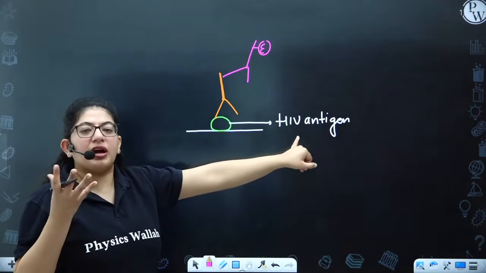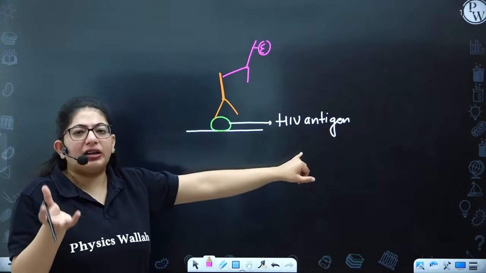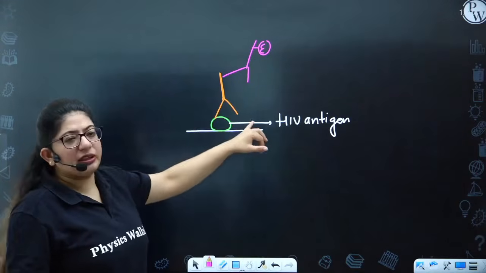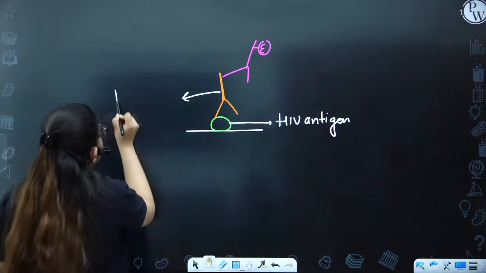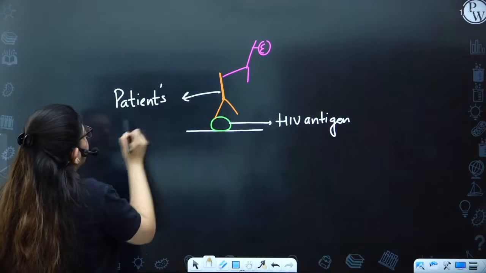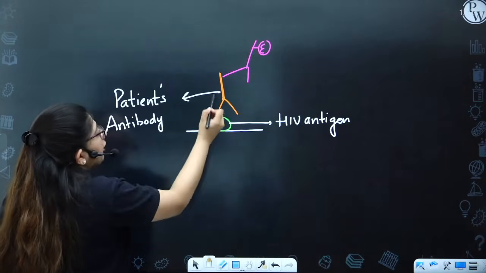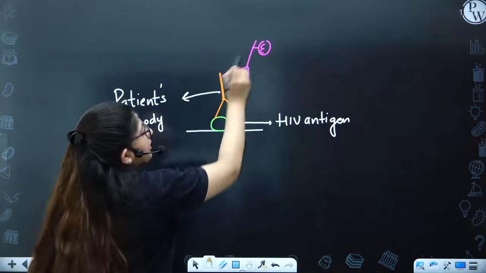I purchased the plate by saying, give me the plate in which HIV antigen is there. So I added the person's blood, and the person's blood had this antibody. So it is the patient's antibody. If a patient is HIV positive, it will show this antibody, and now my ready-made antibody will bind to it, and it has enzyme conjugated.